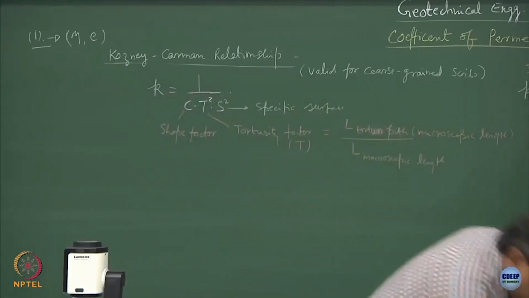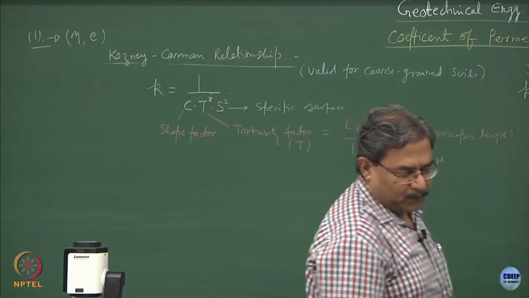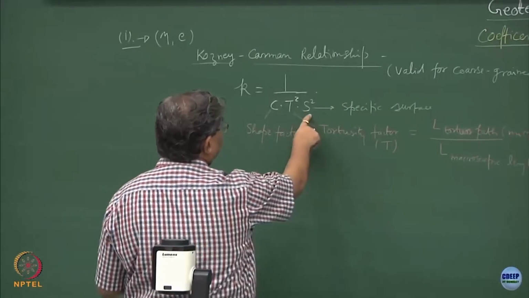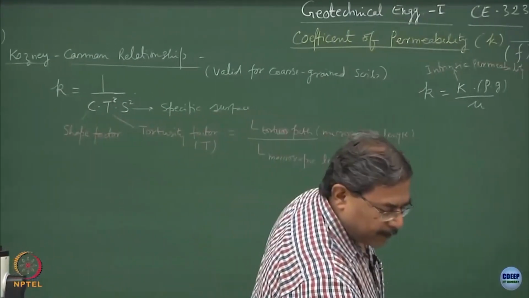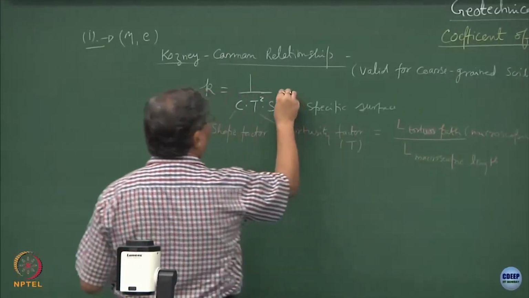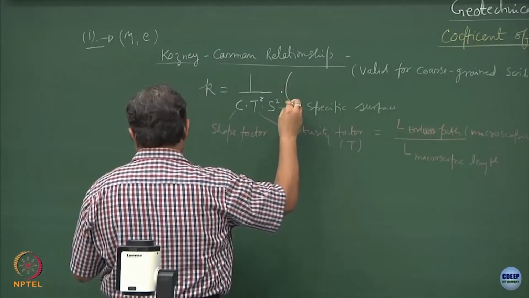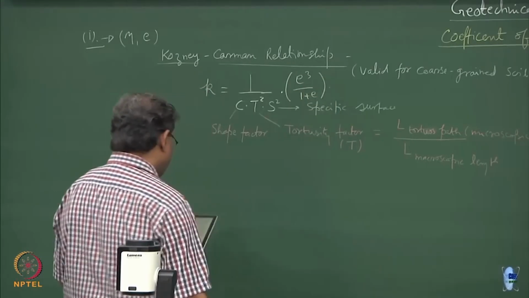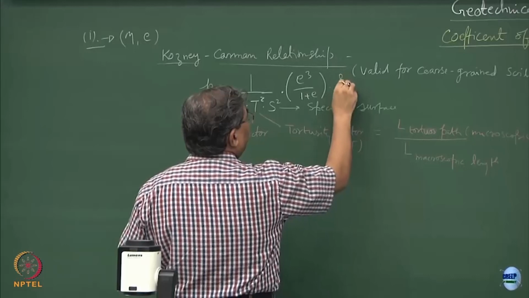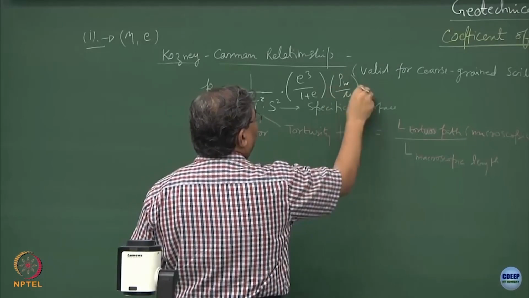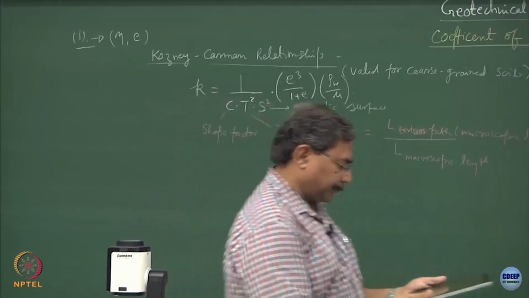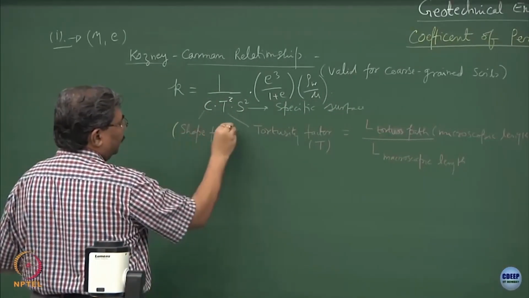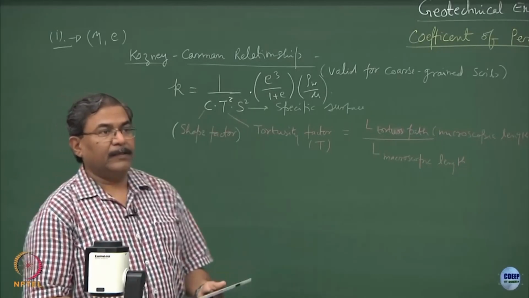I hope now you can realize that it is not going to be easy to determine these coefficients, and these parameters can be obtained with the help of advanced instrumentation. So, this is e cube over 1 plus e multiplied by the density of water upon viscosity of water. The best way to find out shape factor would be laser microscopy.